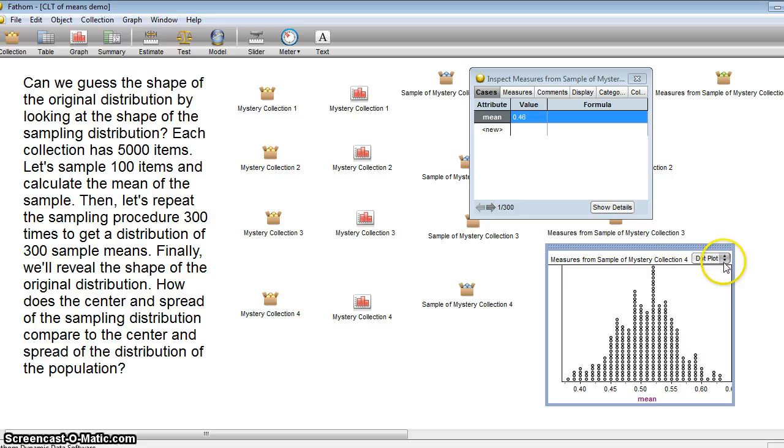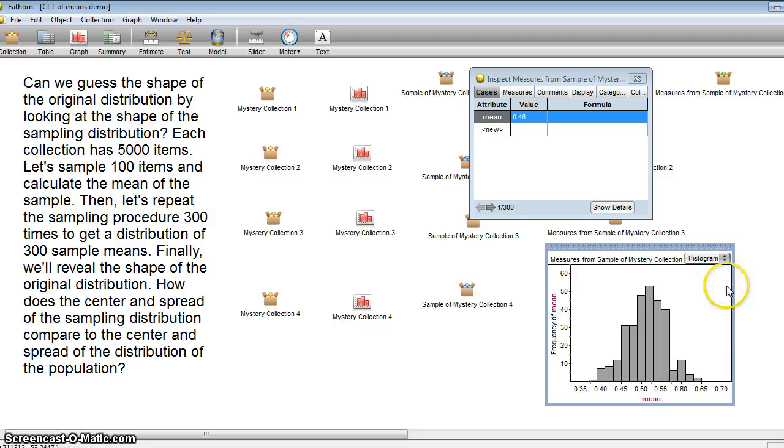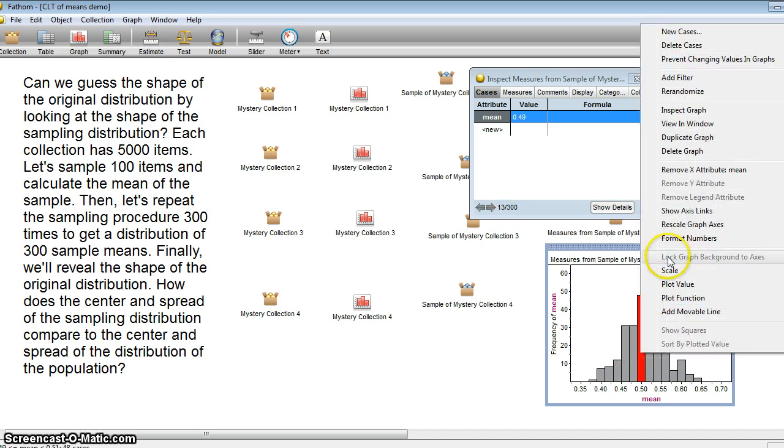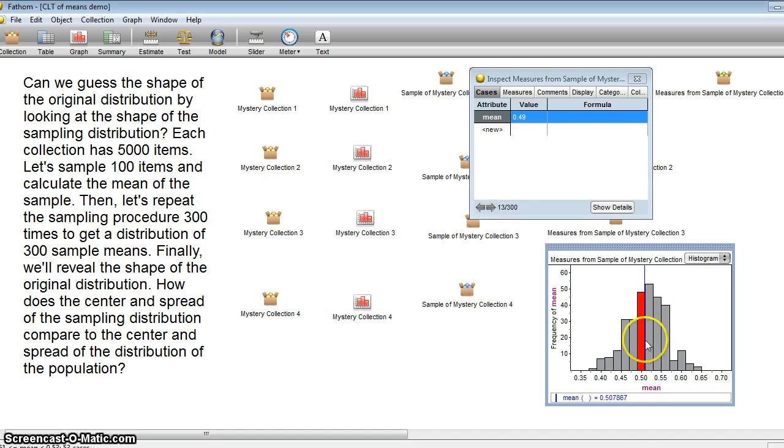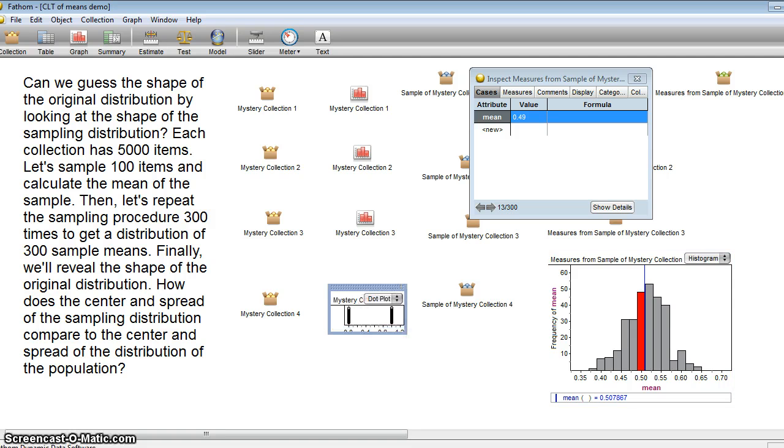Oh, once again, this looks somewhat approximately normal. Once again, mound-shaped, symmetric. Clearly one high value in the middle there. Let's plot the mean. That's about 0.5.